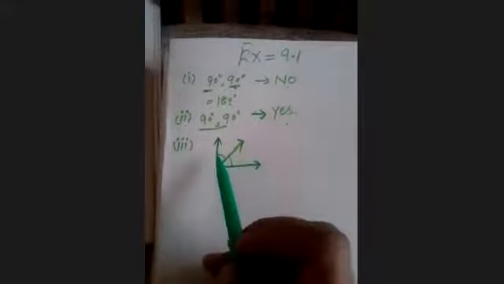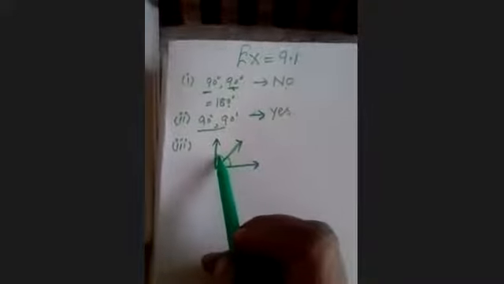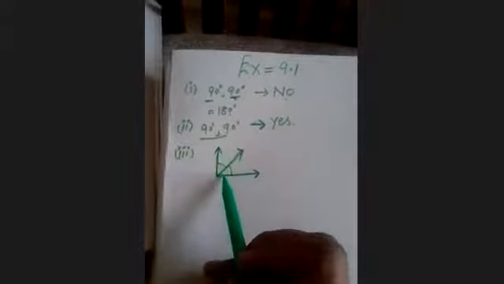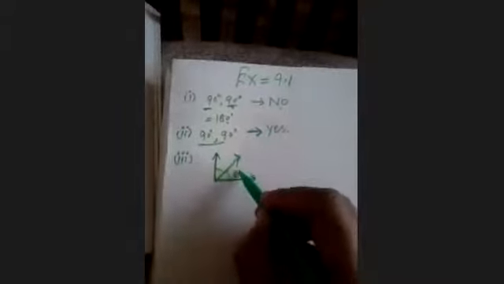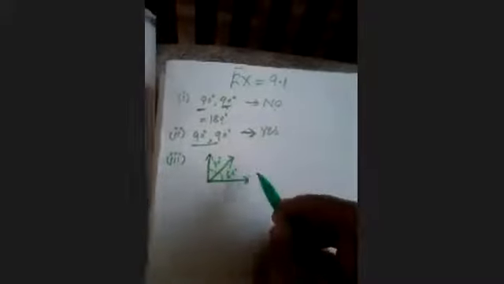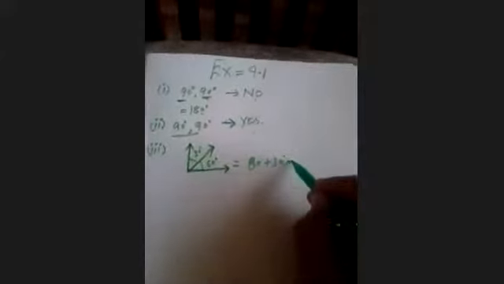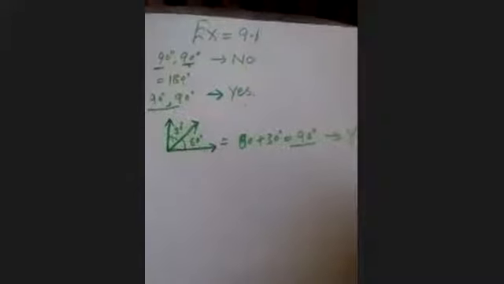Here you can see two adjacent angles. Suppose the measure of this angle is 60 degrees and this angle is 30 degrees. Now add, 60 plus 30 is 90 degrees. So for the third question, your answer is yes. Two adjacent angles can be complementary.